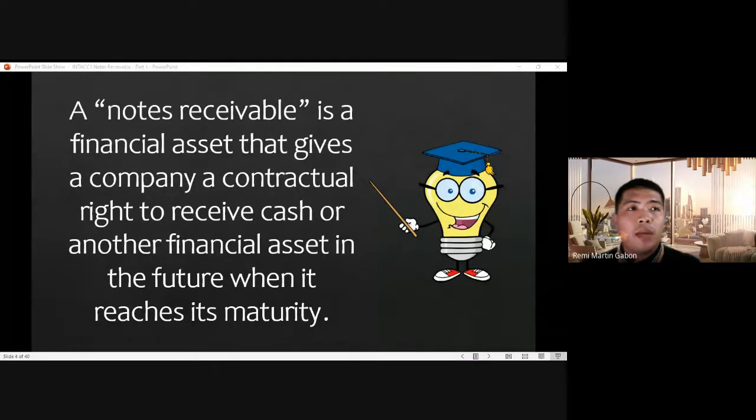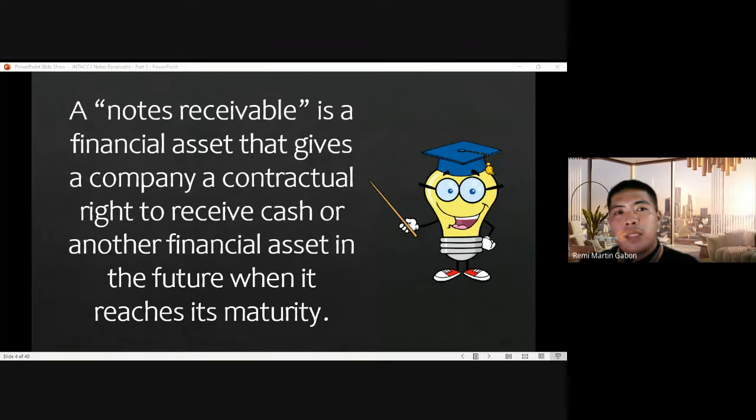So notes receivable is expected to have a maturity period, and the maturity feature embedded in the notes receivable concept will allow us to determine whether the receivable is current or non-current.